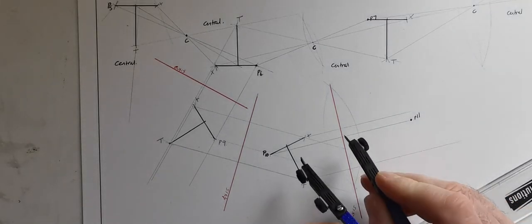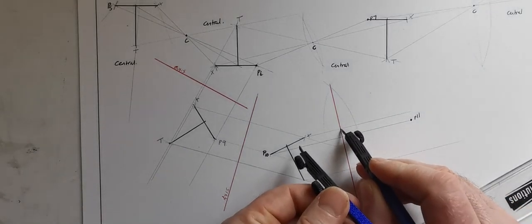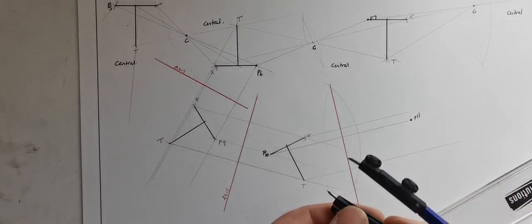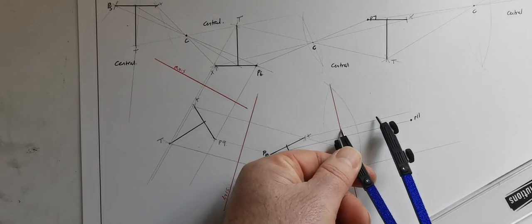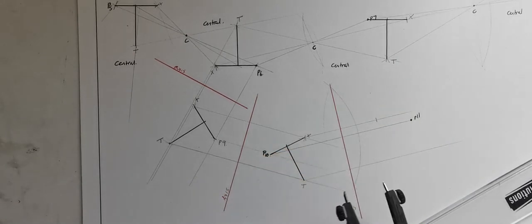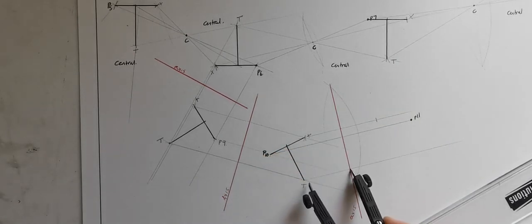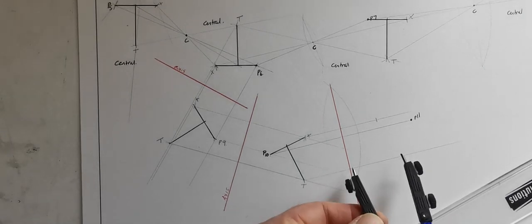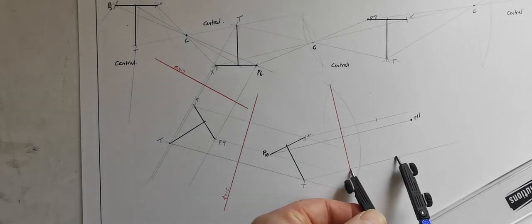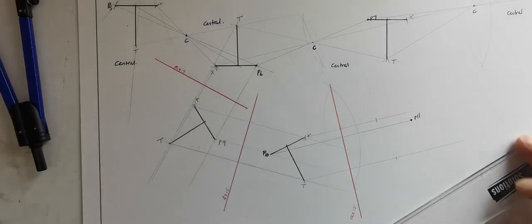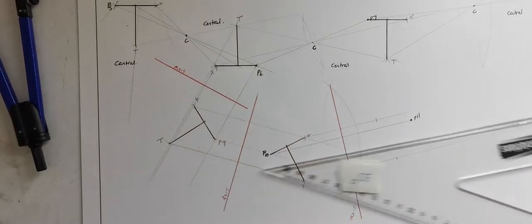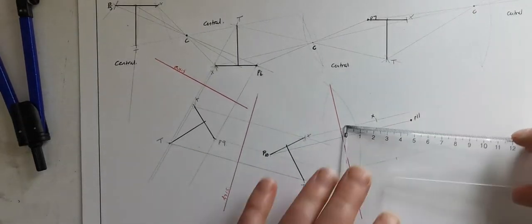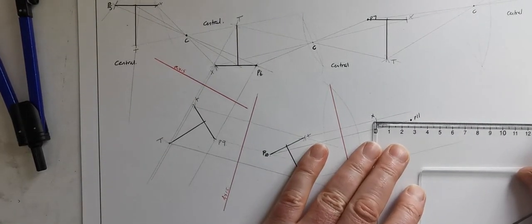So here is how far X is to one side, same distance to the other. How far is T to one side, same distance to the other. So here is PX.